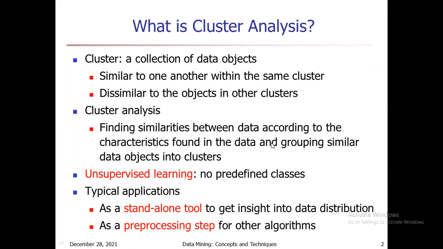We can do cluster analysis in different ways. We have unsupervised learning, which means we don't have any predefined classes here. Typical uses are as a standalone tool to get insight into data distribution and as a pre-processing step for other algorithms.